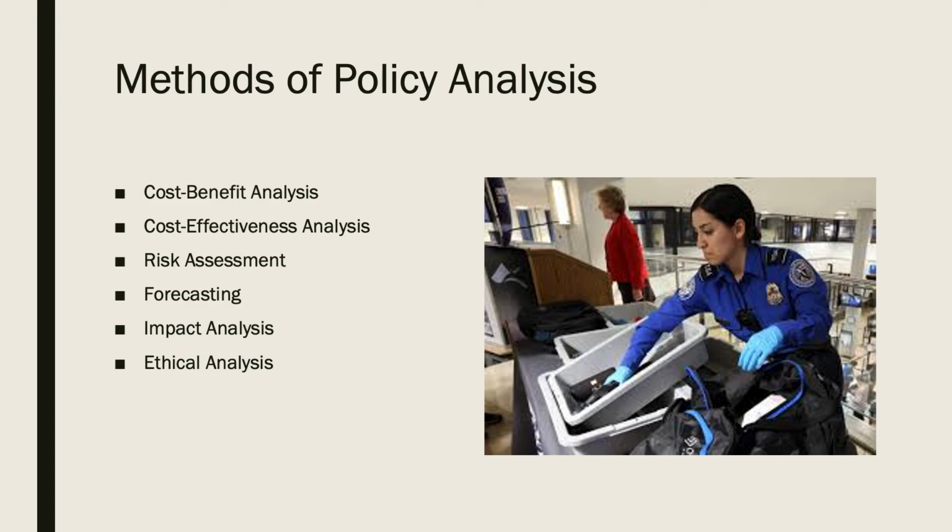That could also be an analysis of the environmental impact too. So what does this do to our air, to our water? Ethical analysis, so analyzing the ethics of a policy. Is this policy an ethical policy? Are we impeding on the rights of Americans by implementing this policy?